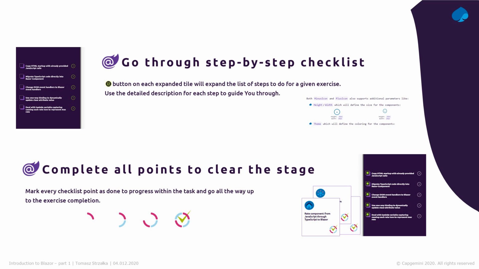Each demo also will consist of a step-by-step list of what we're supposed to do to complete the exercise, matching our solution with the final solution presented for us for reference. Also, our progression will be tracked in the app, so let us go right to it.